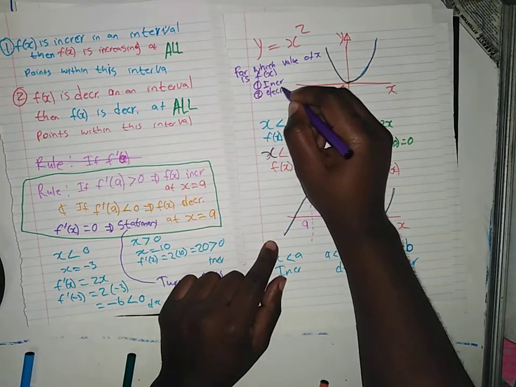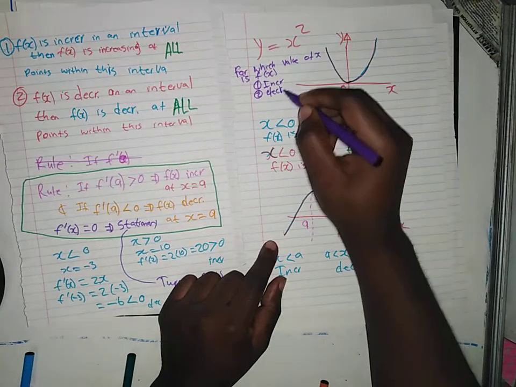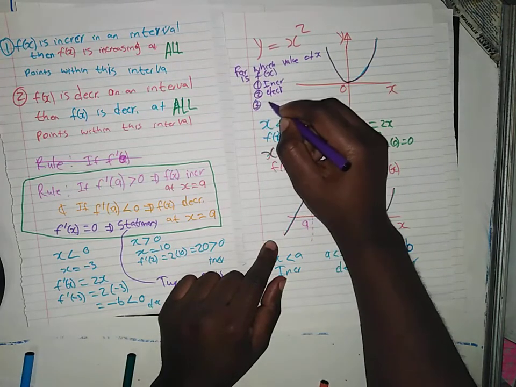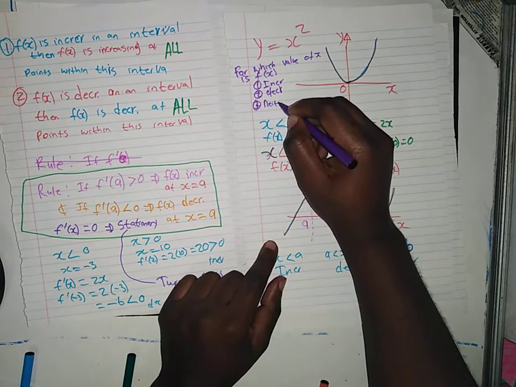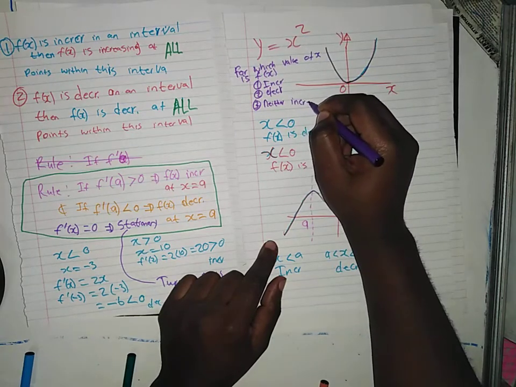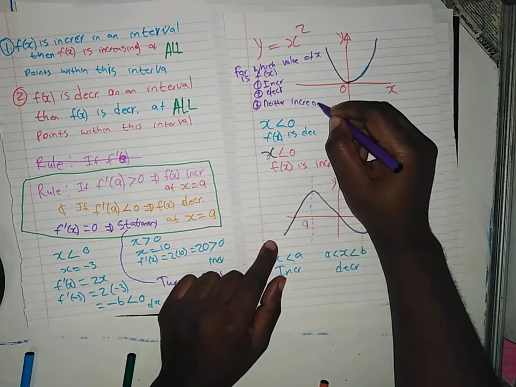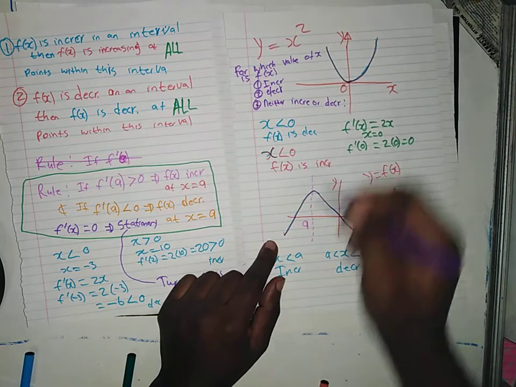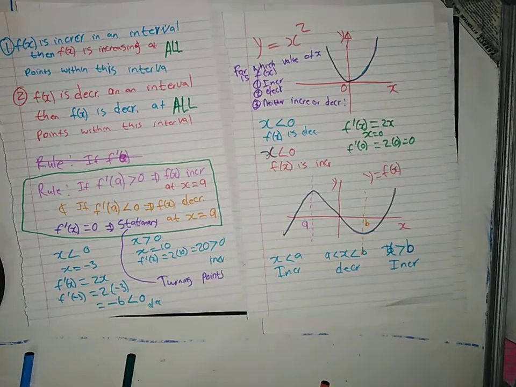Number 2, decreasing. And let's say this side, they also ask in number 3, neither increase or decrease. Okay, so how to go about and answer these kinds of questions.